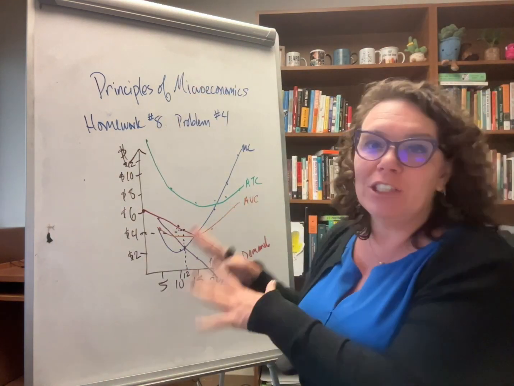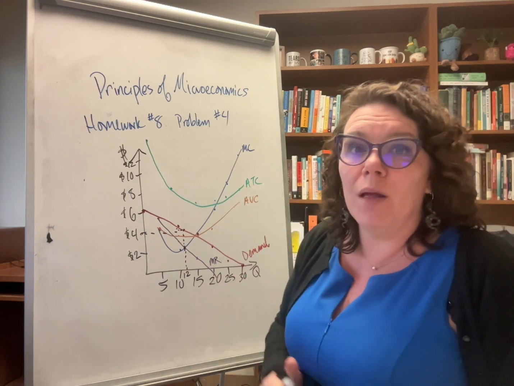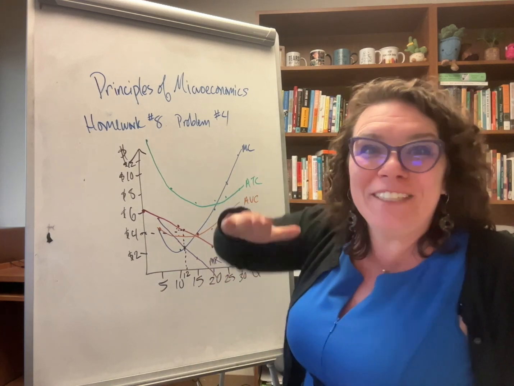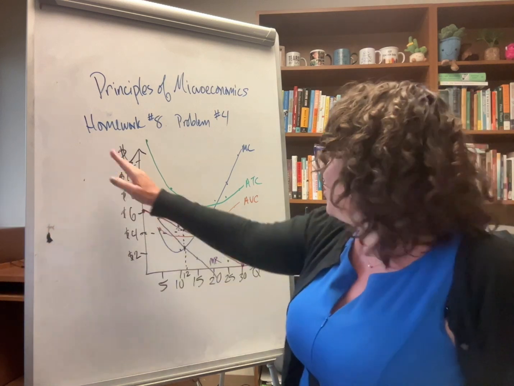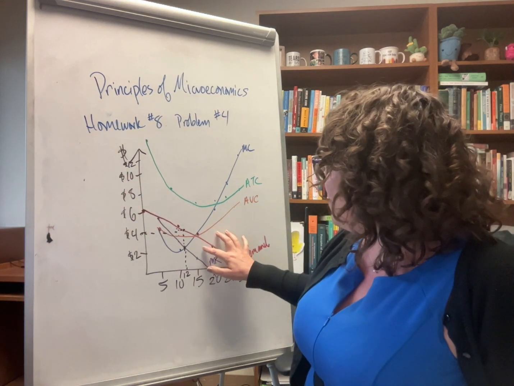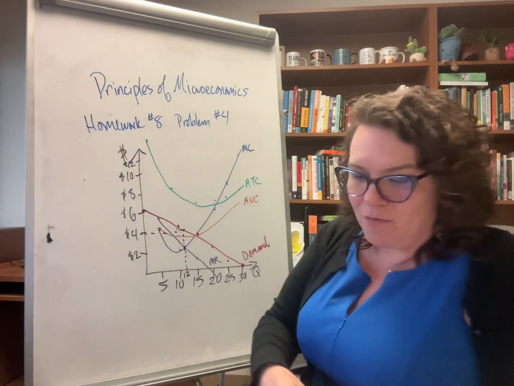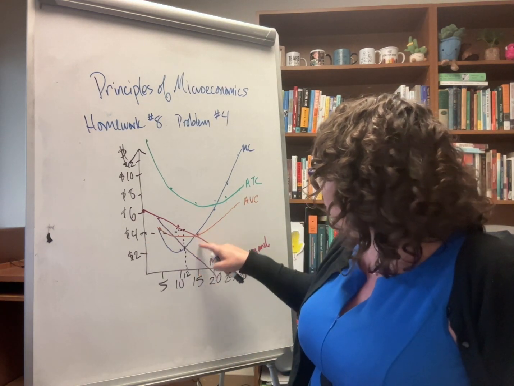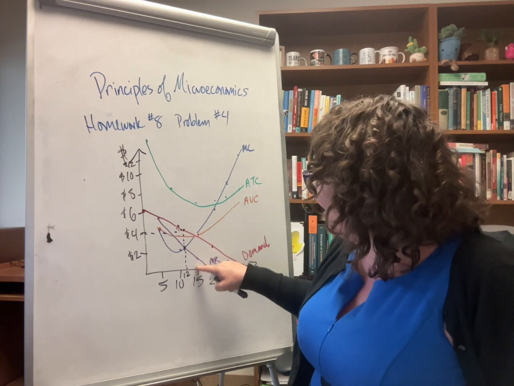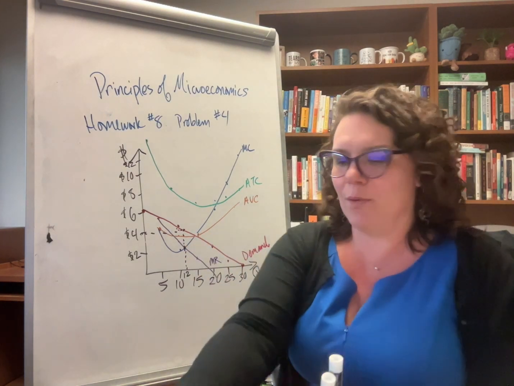The aha moment you're supposed to get is, wow, all we did was go from a flat marginal revenue given by the demand in the market and the supply in the market to a downward sloping demand curve in a monopoly. Cost curve stayed exactly the same, but now instead of being in equilibrium, $3 and 15 units right here where demand hits marginal cost, we're down here at a lower quantity than we would have been, right?